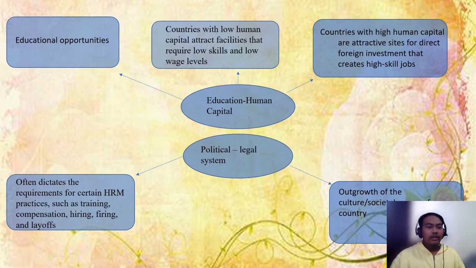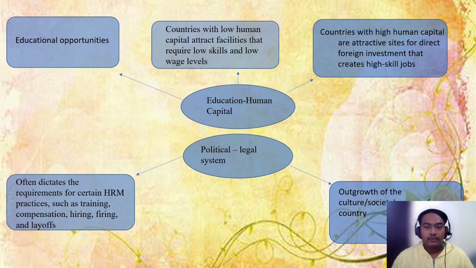The second one is about education, which is human capital. We have three points, which are educational opportunities. Countries with low human capital attract facilities that require low skill and also low wage levels. Then the last one is that countries with high human capital are attractive sites for direct foreign investment that create high skill jobs.